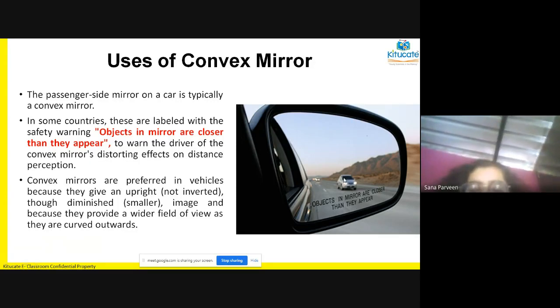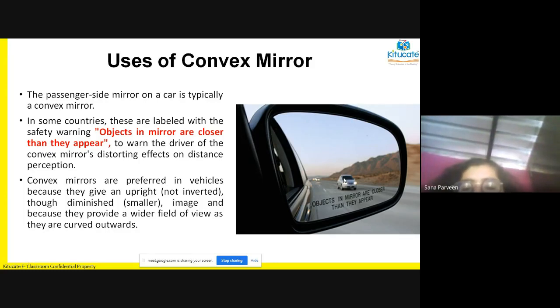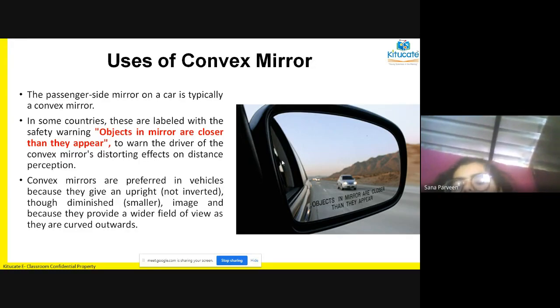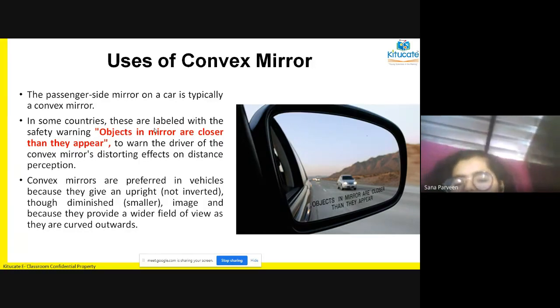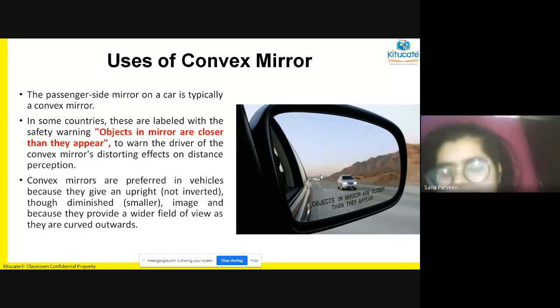Okay, why is it appearing so small? Because we want to see as many cars as possible which are moving behind us, so as to avoid any accident. Okay, so as many cars as visible, we are on the safer side.